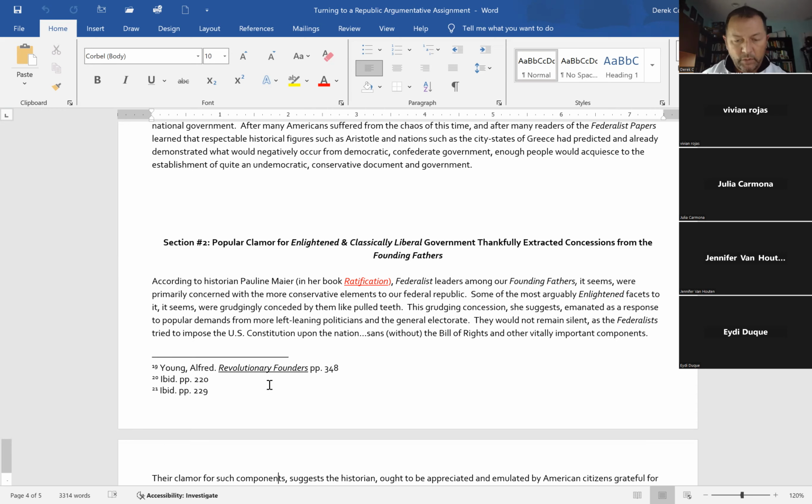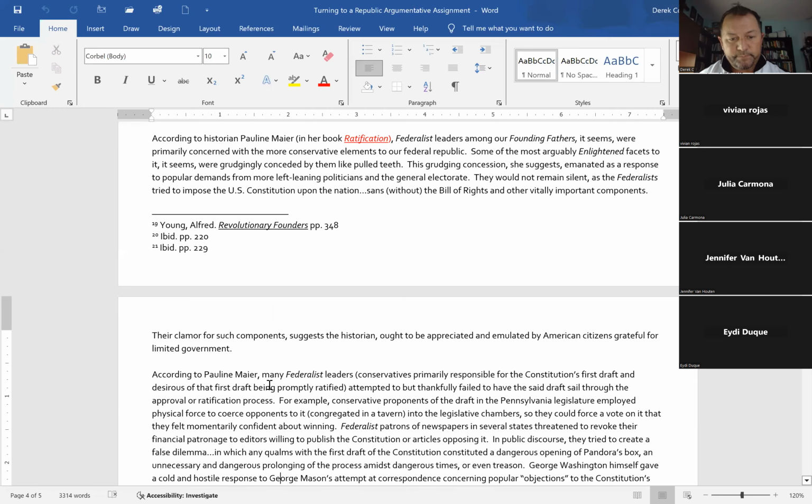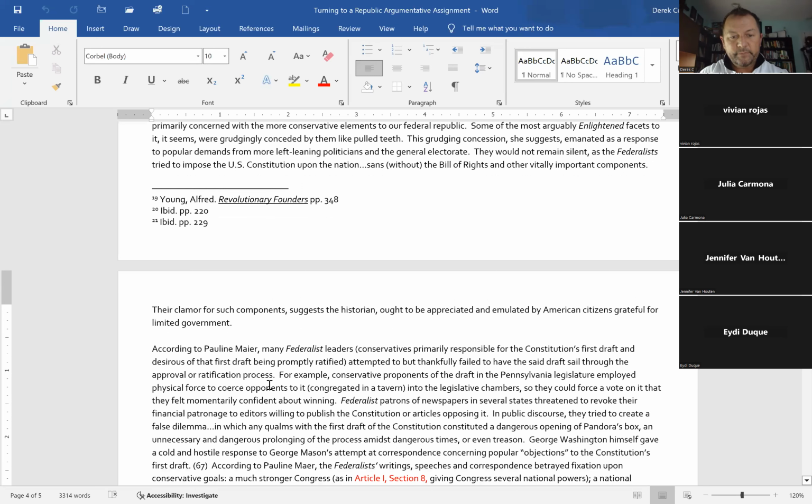All right. So at any rate, finally, enough journalists print not only the Constitution for all to read and see, but enough journalists also write their critical opinions of the present form of the Constitution, right?